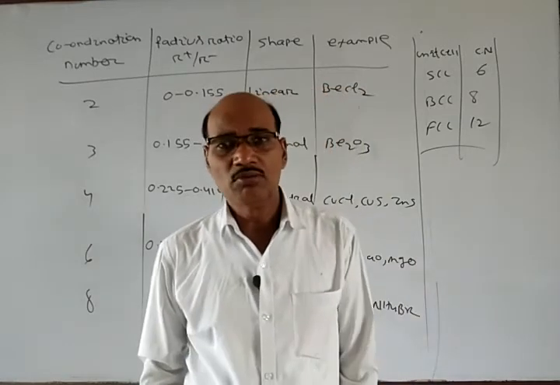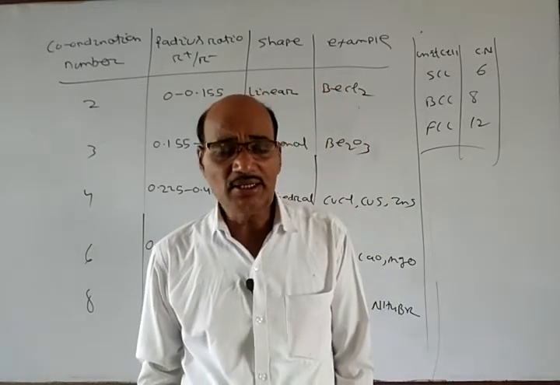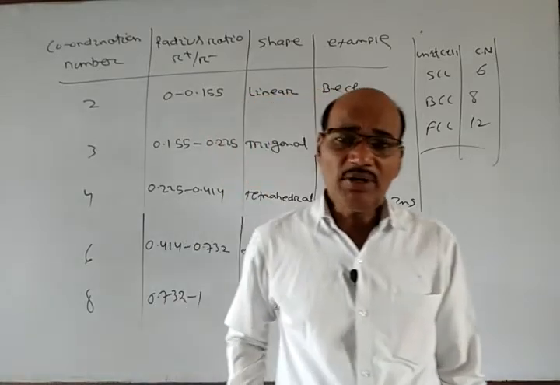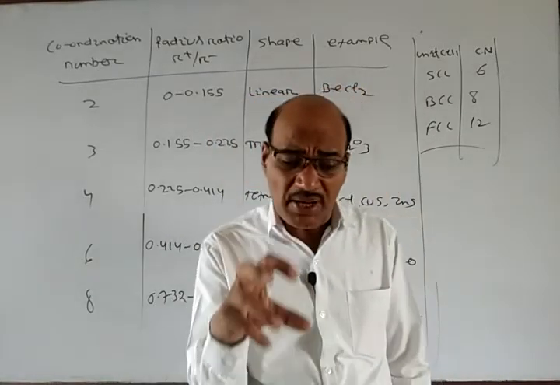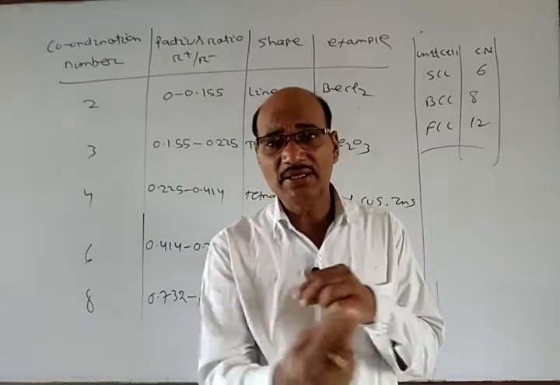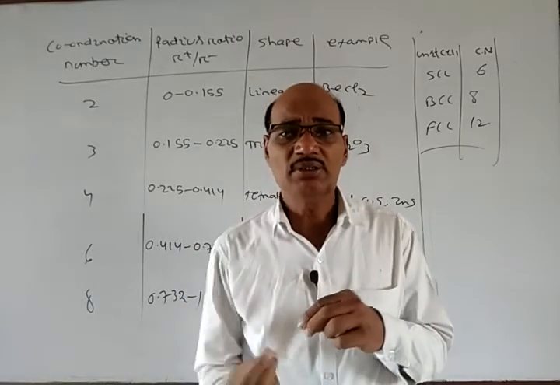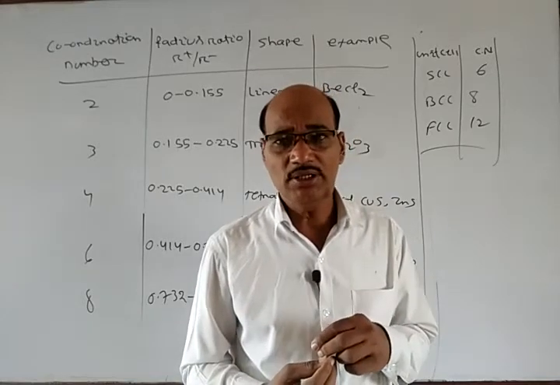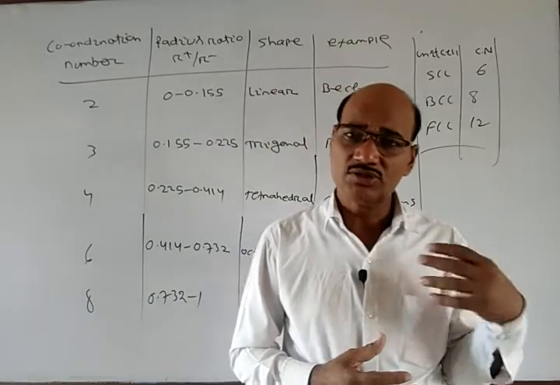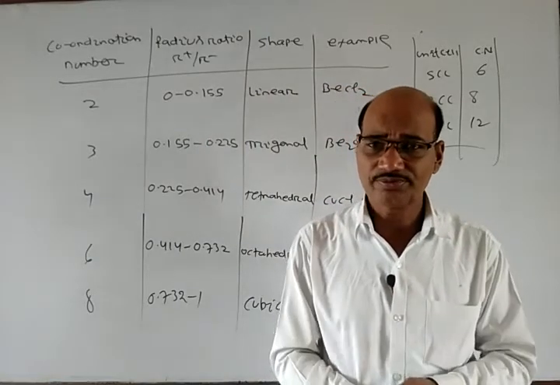In case of body centered cubic unit cell, it is 8. And in case of face centered cubic unit cell, it is 12. That means whenever we are having a face centered cubic arrangement, to each atom another 12 atoms are connected. So 12 neighbors are there for each atom. Similarly, in BCC, 8, in SCC, 6.